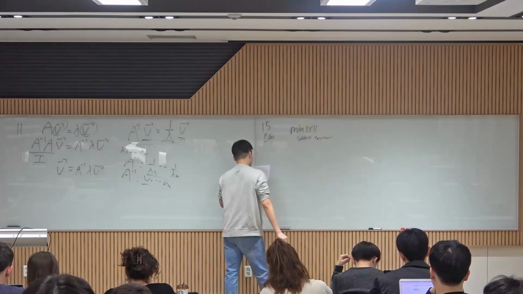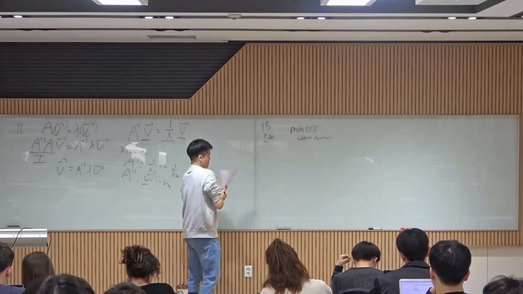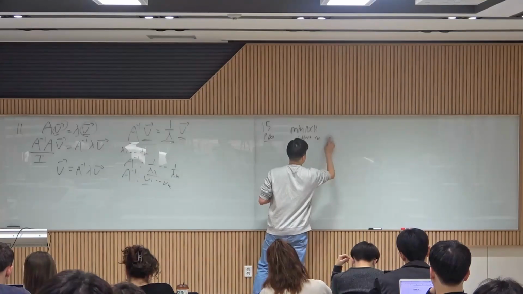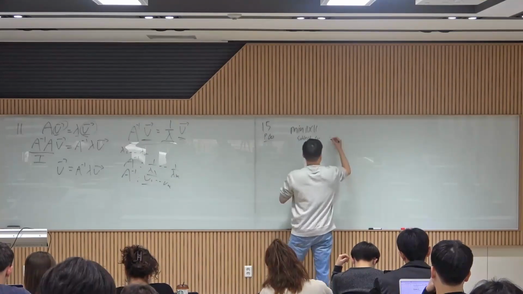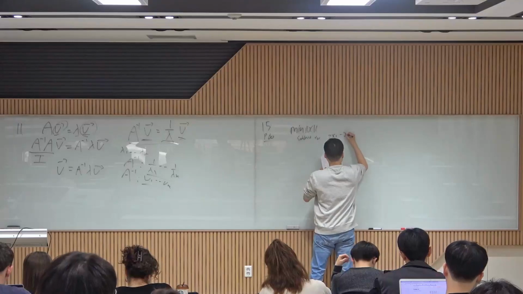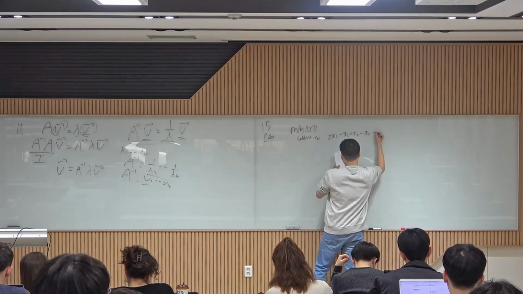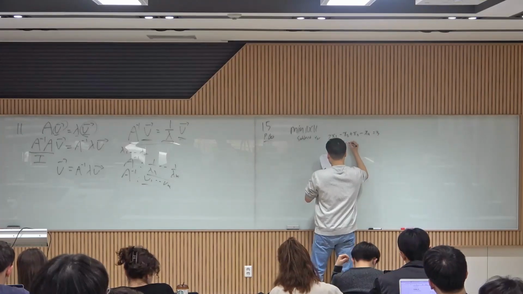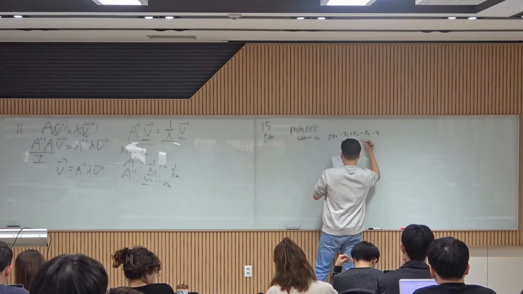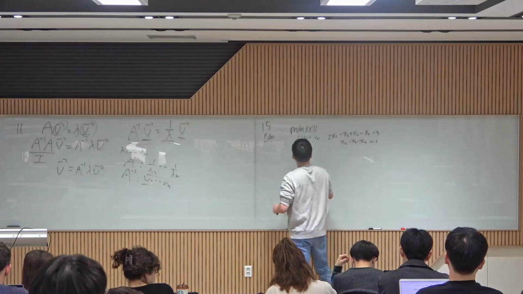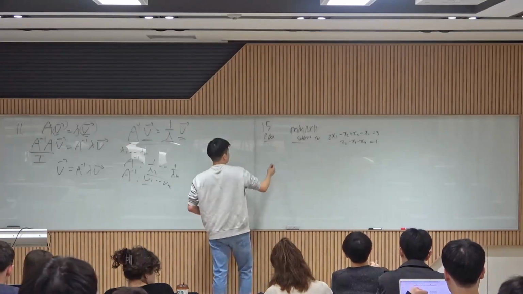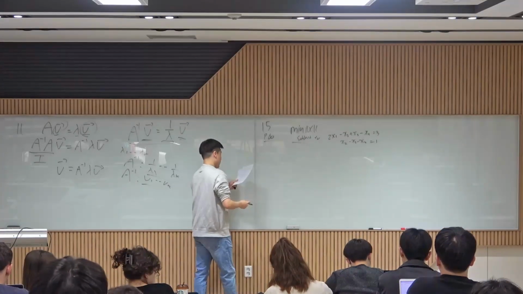So I think I need to write this equation, okay? 2x1 minus x2. Okay, so we have constraints and we want to minimize the L1 norm of x, okay?